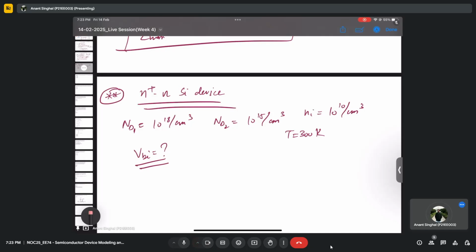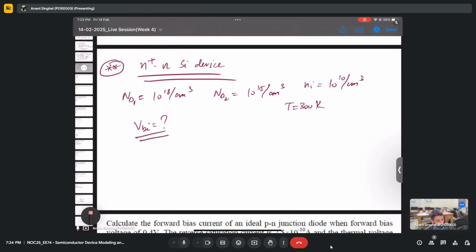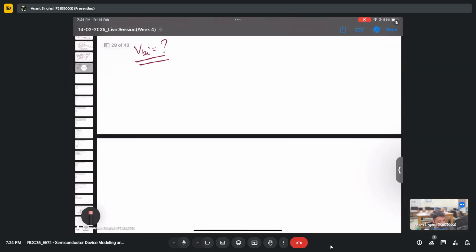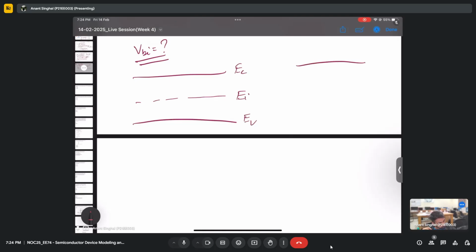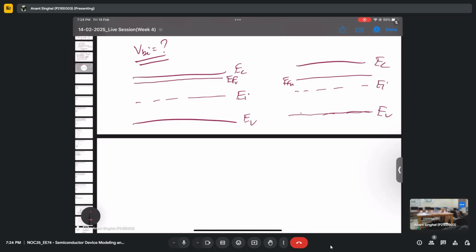Anyone come up with anything? Anyone made the band diagram of this?